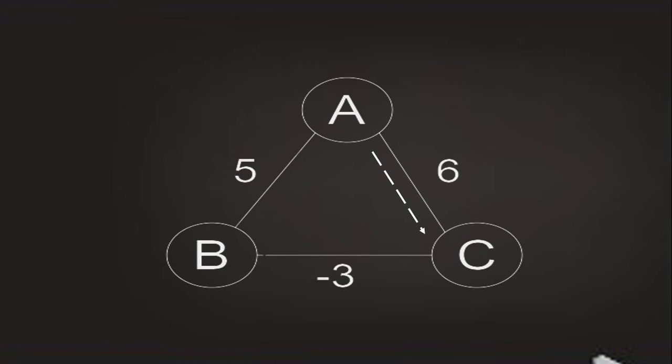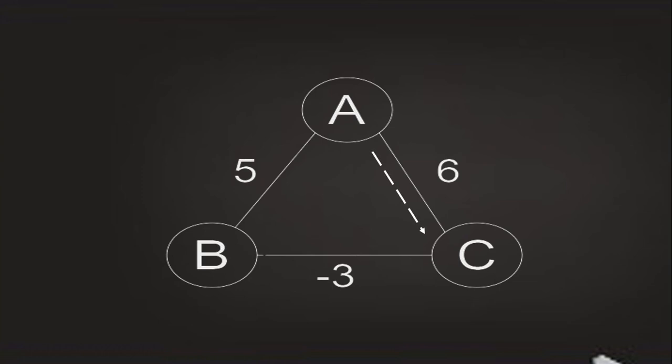Dijkstra's algorithm will tell us that the shortest path to node B is the direct path with a distance of 5. By utilizing node C, this will be the result.